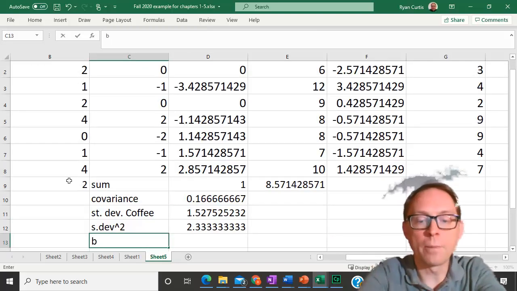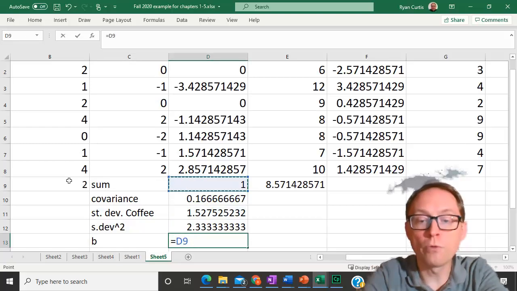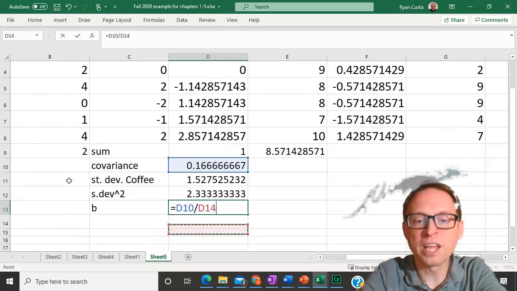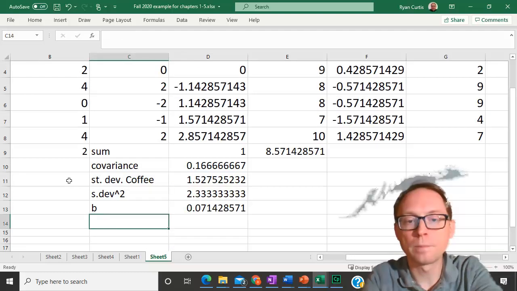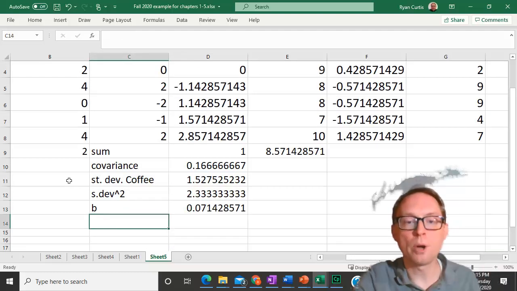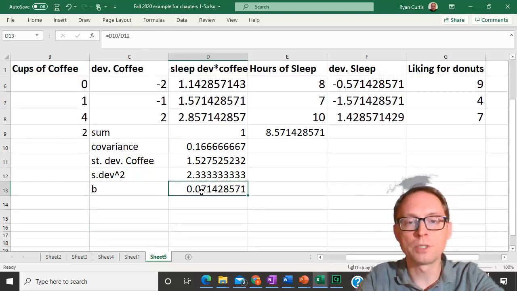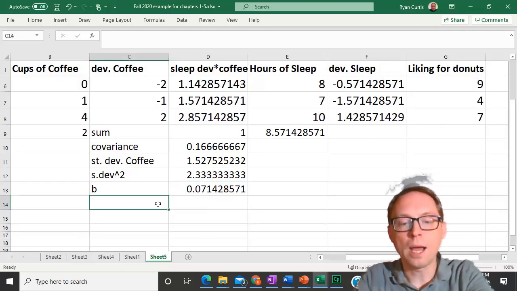Now, the slope is going to be the covariance divided by the standard deviation of x squared. So our slope is going to be 0.07. 0.0714 is our slope.